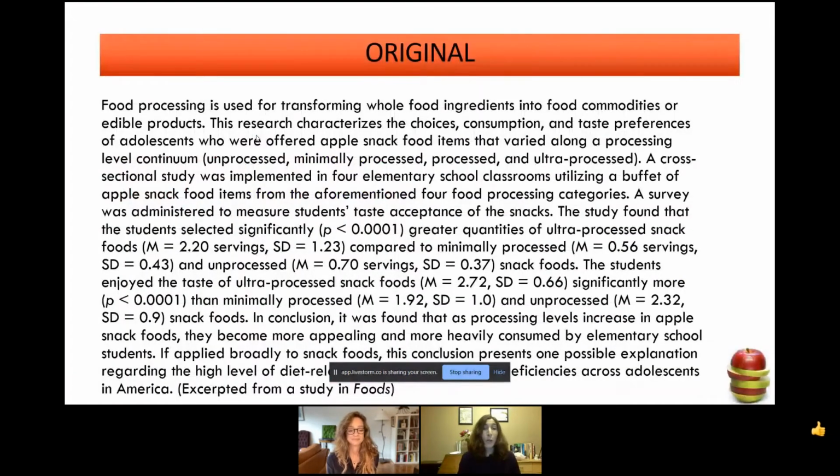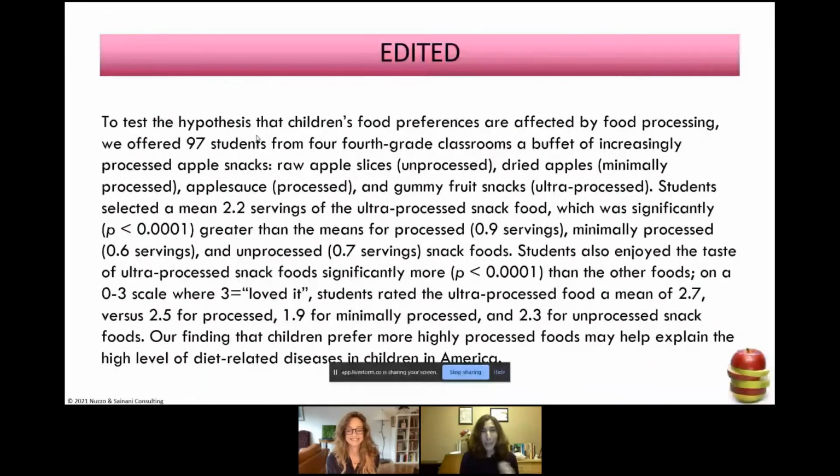All right, so just going to do a little preview here of the abstracts that we're going to go over. I chose, and I'll read through the whole thing in a minute, so don't try to read it right now, an abstract from the journal Foods. It's about snack food in children, relevant to my life because I have kids who love snack food. Here's the original, and I'm going to show you how I edited it into a more crisp and readable version.